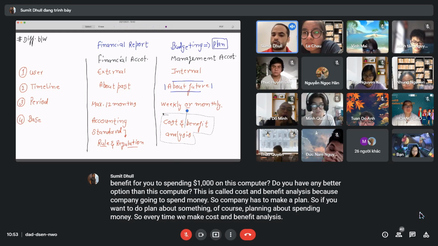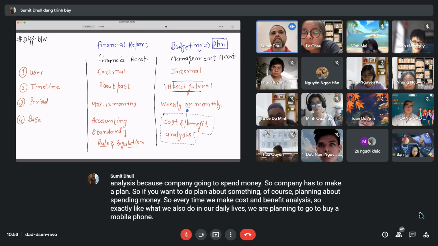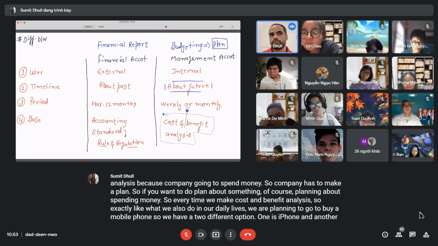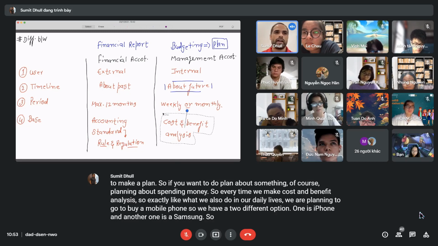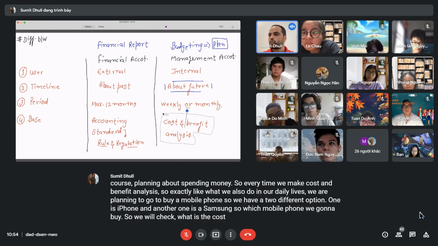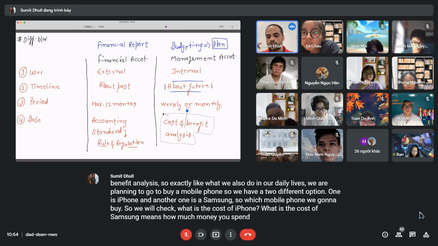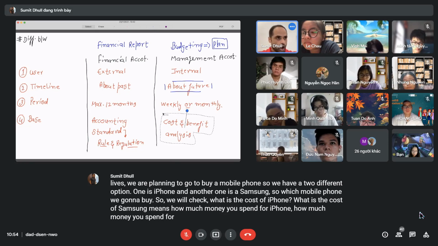So exactly like what we also do in our daily lives. We are planning to go to buy a mobile phone. So we have two different options. One is iPhone and another one is a Samsung. So which mobile phone we gonna buy? So we will check what is the cost of iPhone, what is the cost of Samsung. Means how much money you spend for iPhone, how much money you spend for Samsung. This is called cost. You compare the cost, okay?